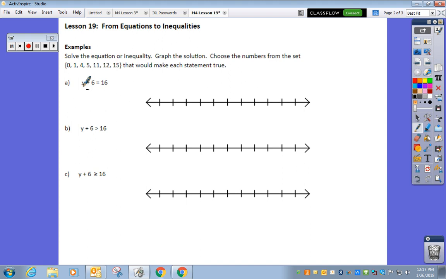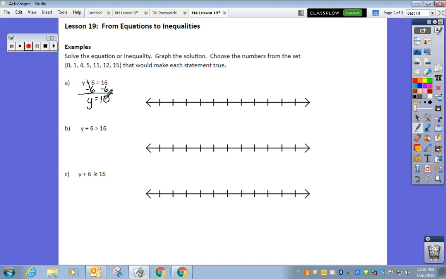In this case, we would want to subtract 6 to get y. Since we're subtracting 6 from the left side of the equal sign, we also have to subtract it from the right side. These two cancel each other out, leaving us with y by itself. And then 16 minus 6 is 10. So in this case, y is equal to 10.